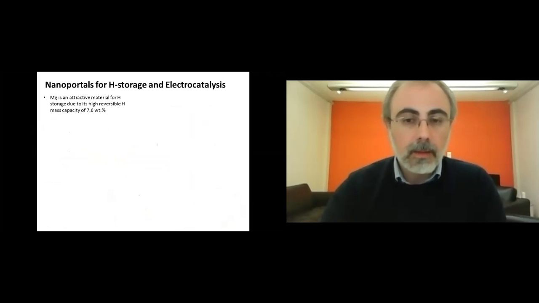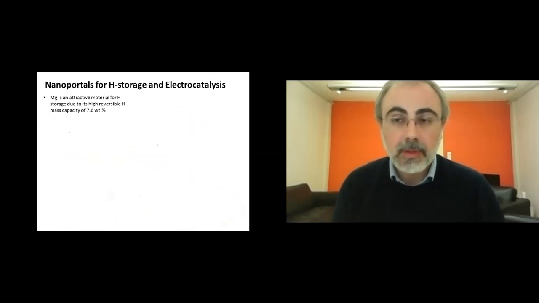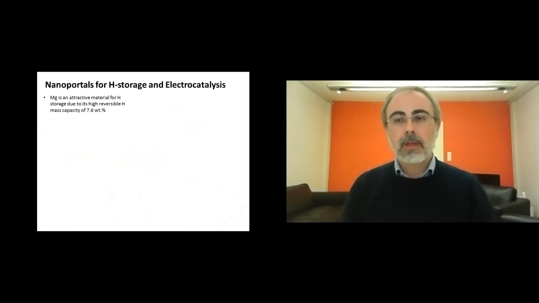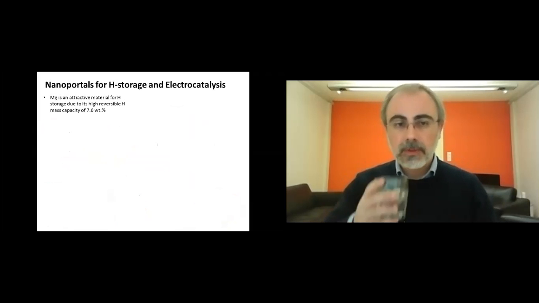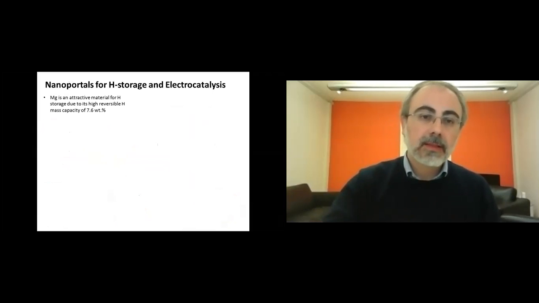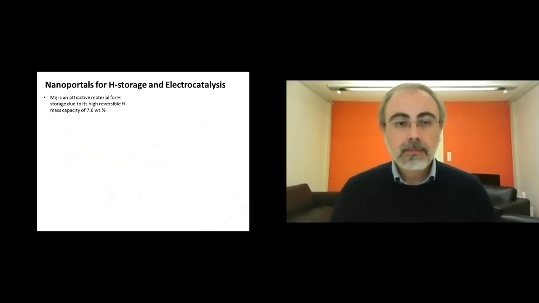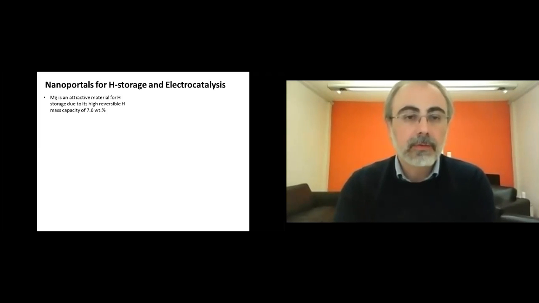So for those who are in the field of hydrogen storage, one of the most promising materials for hydrogen storage is magnesium. So in most cases, you try to hydrogenate magnesium films. And the advantage is that magnesium has a very high mass capacity for hydrogen.